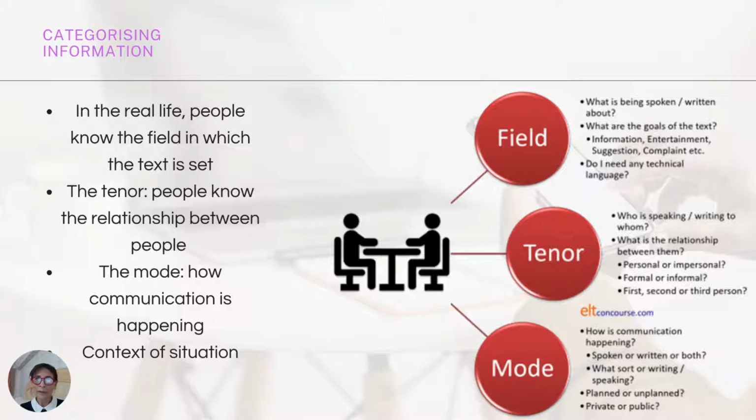When everything is together, it is called the context of the situation. People have to know the context of the situation in a real situation. Sometimes this whole information is not obvious. In this case, it's necessary that people reflect on this.